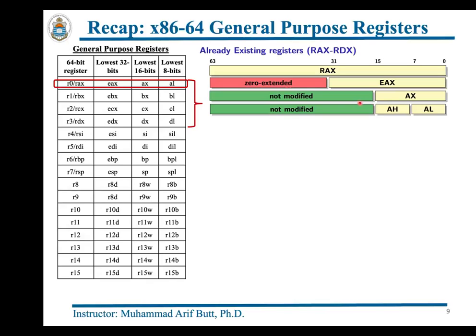And I personally could not find out any good reason as to why Intel and AMD has done this. And similarly for the next four registers, R4, R5, R6 and R7, we can use the names RSI, RDI, RBP and RSP respectively.